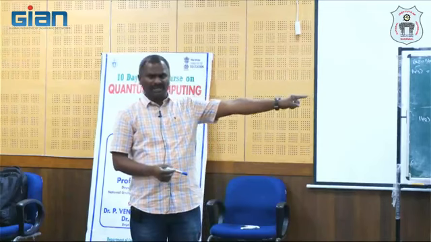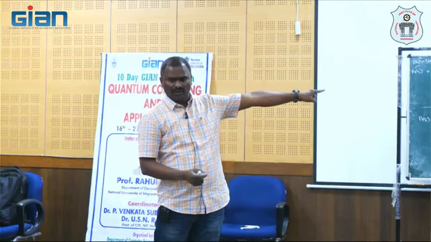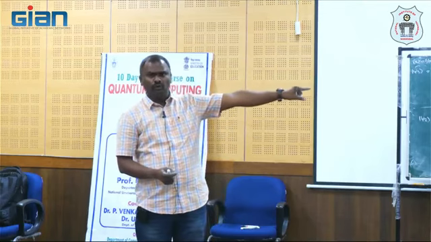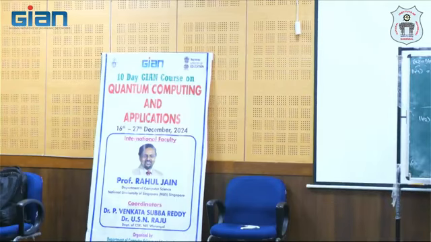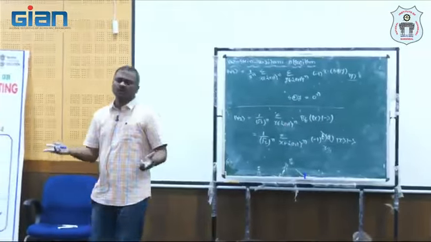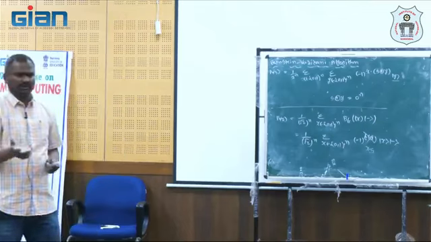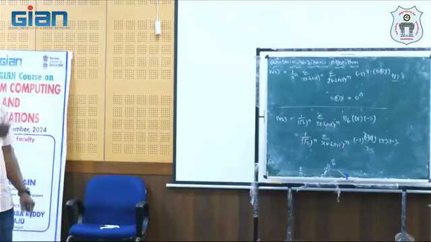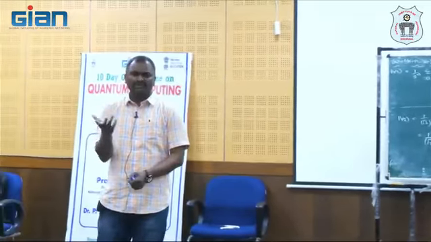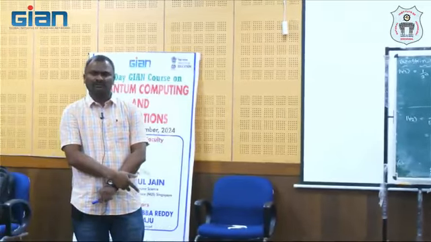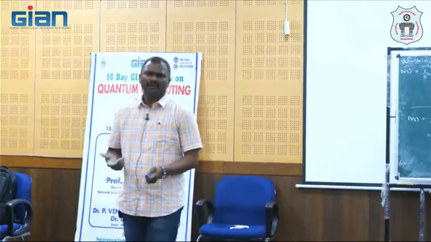Total 2 power n terms are there, that we get as 1 by 2 power n into 2 power n terms, and that happens if and only if s equals y. In that case you replace y with s, that is our required secret string s. With one evaluation we are able to find that secret string s.